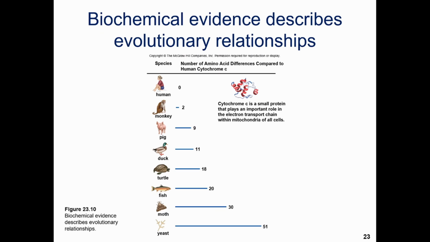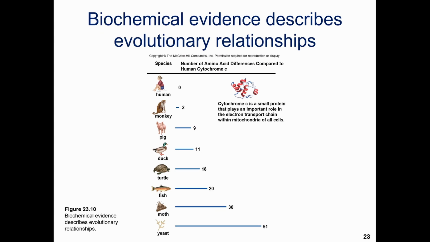Let's look at an example of this. Cytochrome C is a protein that we use in our mitochondria when it comes to making ATP. And if we look at the gene and then we look at the protein cytochrome C, we see that from one human to another, there's no difference.